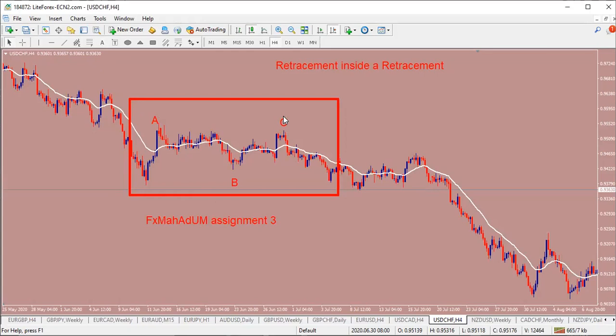Now, I will take from here this bearish move. Now, look at it, this bearish move. It took the market 10 days to move from this particular bearish top to this particular bearish low.